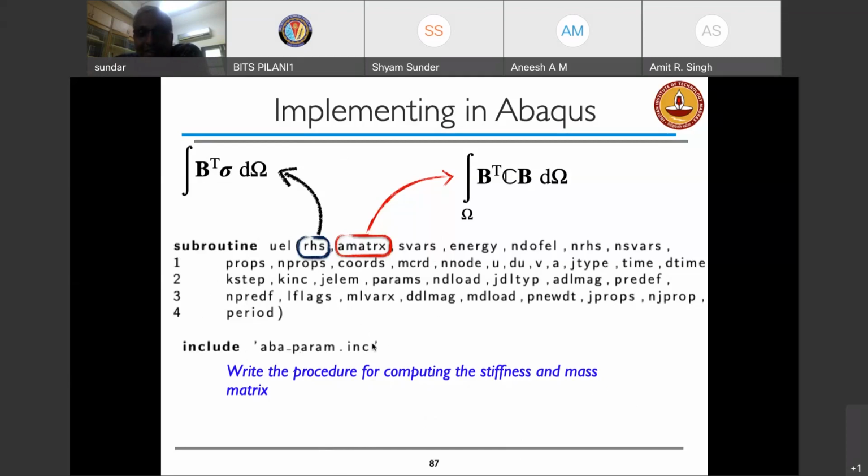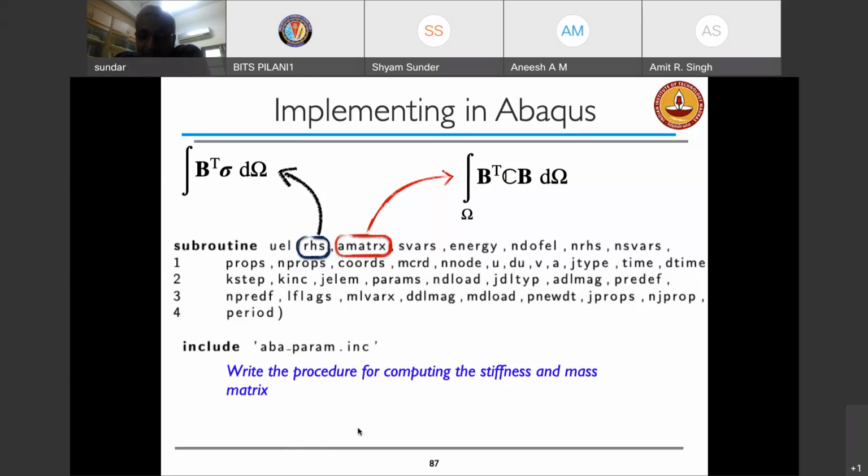For a linear elasticity problem, a quasi-static problem, the only thing that you would have to worry about is RHS, which is basically the right-hand side vector, and the A matrix, which is basically the stiffness matrix, right? So now inside this user element, we will write the same way as we would do in our own code when computing the elemental stiffness matrix. So you'll have a Gauss integration loop.